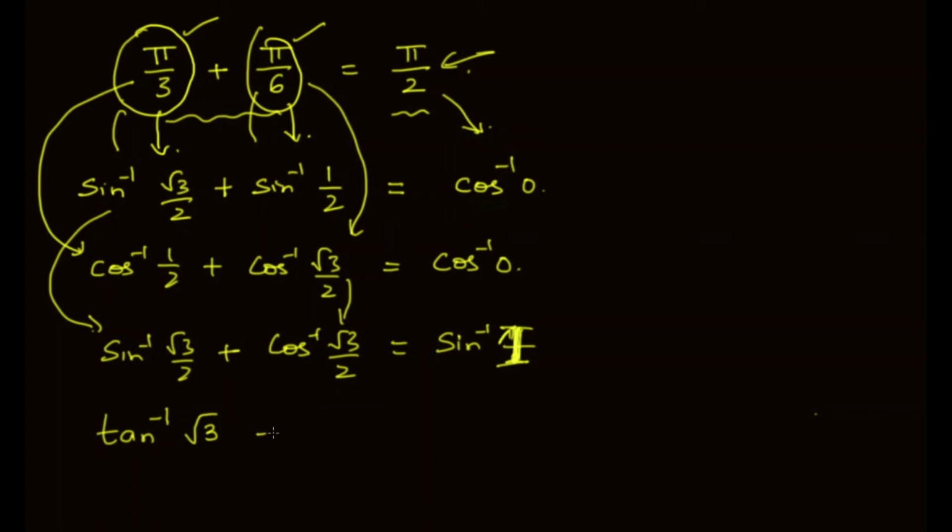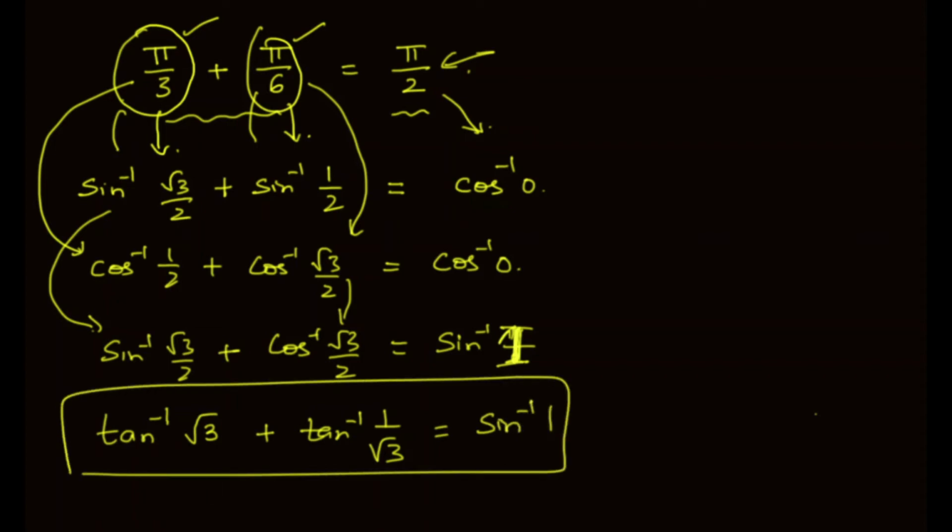Then pi by 6 is tan inverse of 1 by root 3. And sine inverse of 1. This becomes another equation. So everything is written in terms of inverse trigonometric functions, and we get different flavors for the exact same equation of pi by 3 plus pi by 6 equals pi by 2.